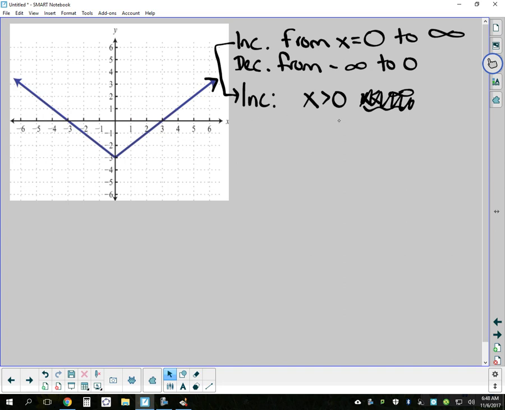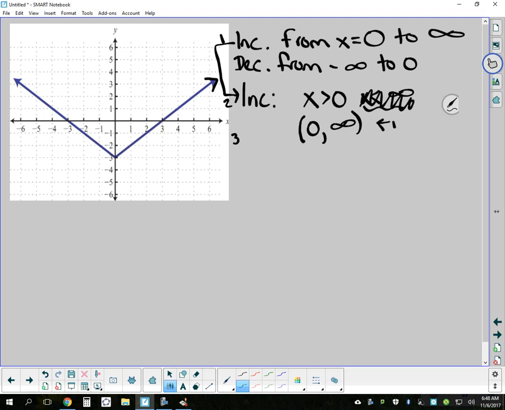A third type of notation is interval notation, and we would use a parenthesis, and we would say it's increasing from 0 to infinity. Okay, so these are three different ways that you can give your answer.